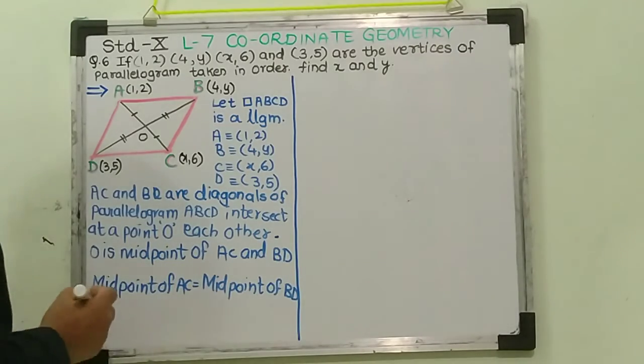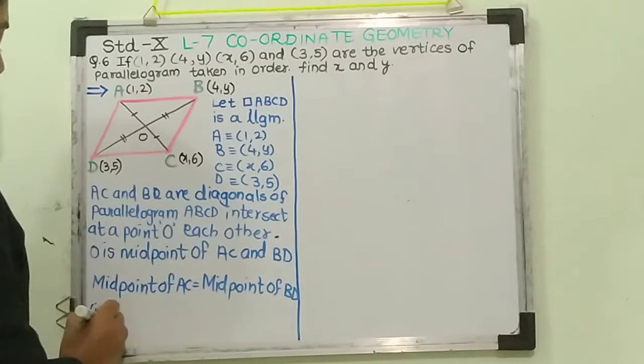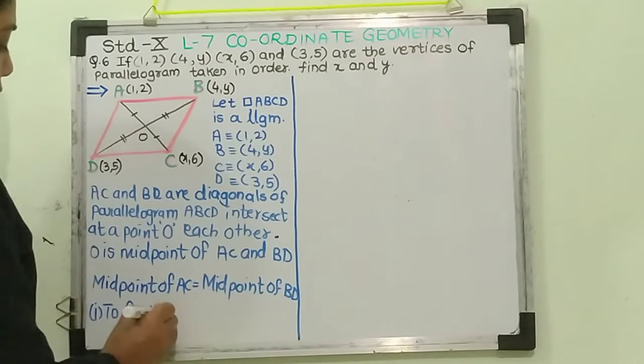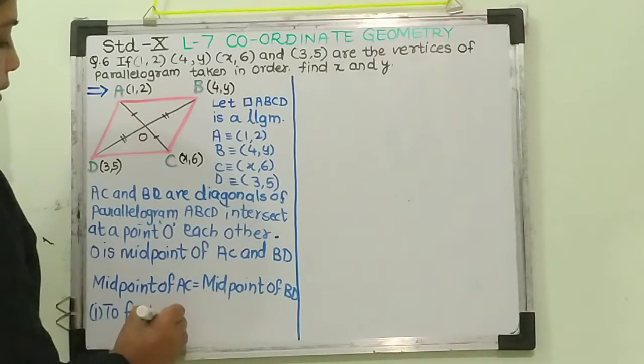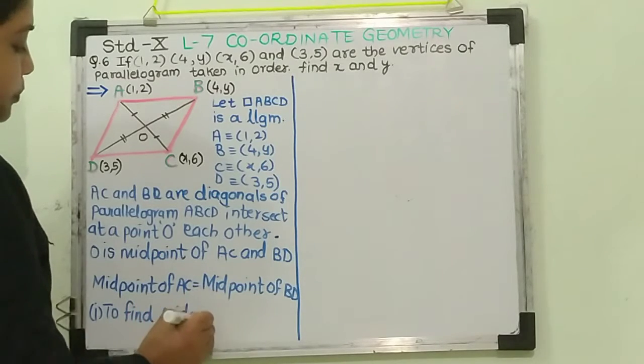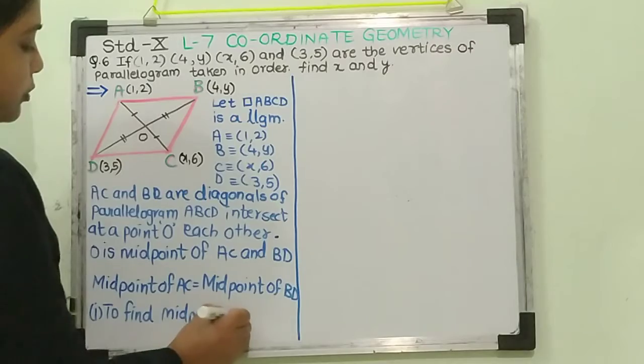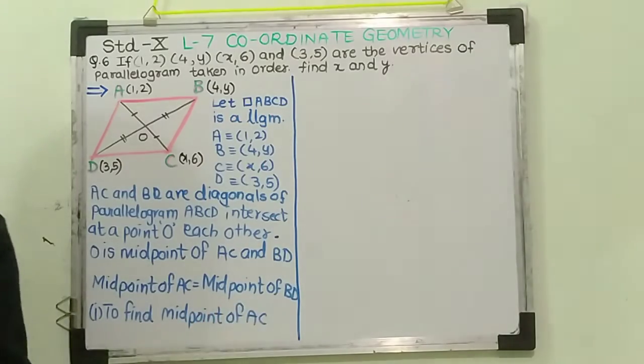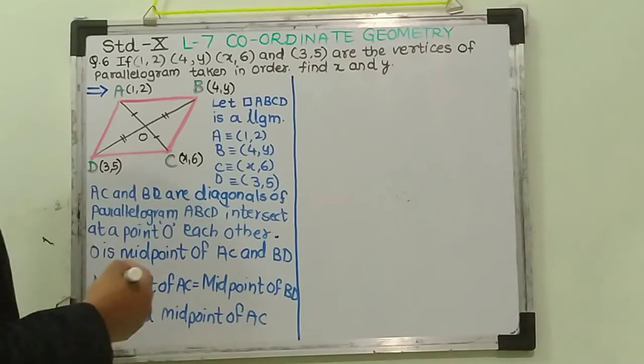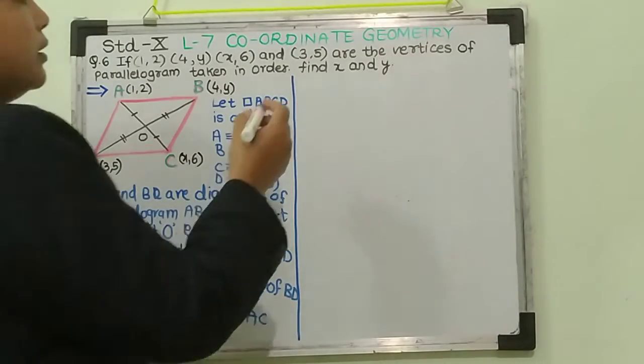So we are going to apply. Now first I am going to find the midpoint of AC. To find the midpoint of AC, we know the formula, that is the midpoint formula.